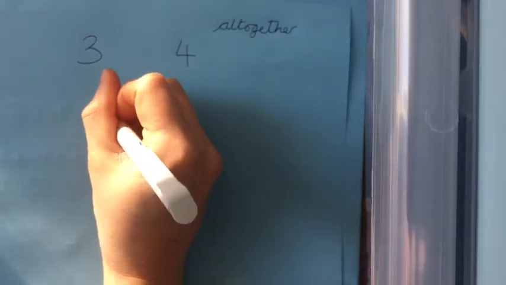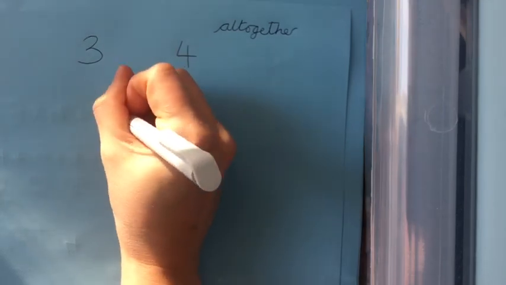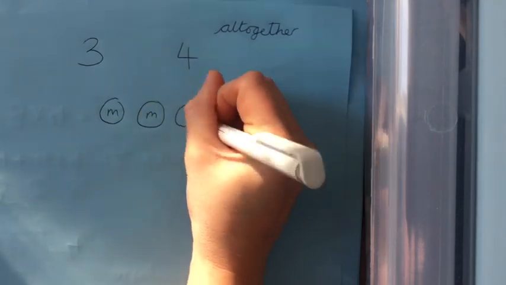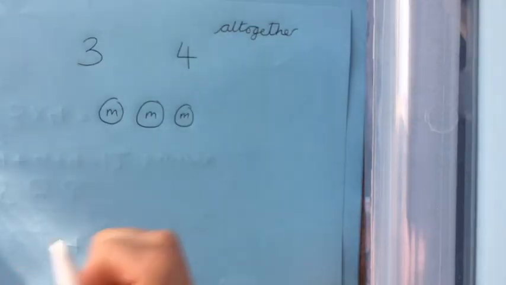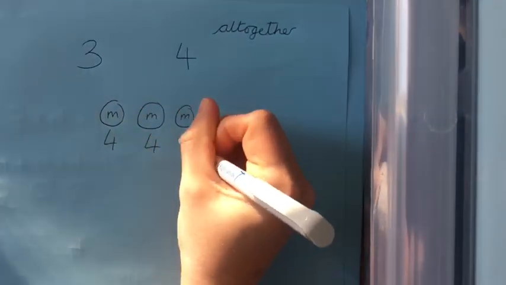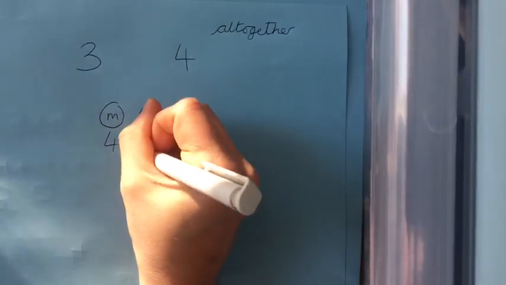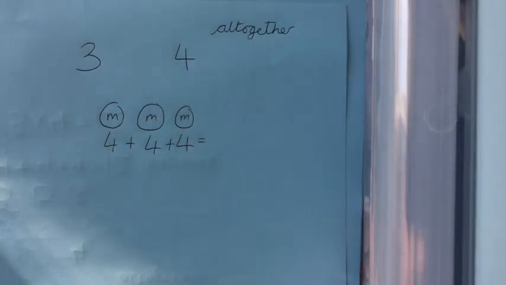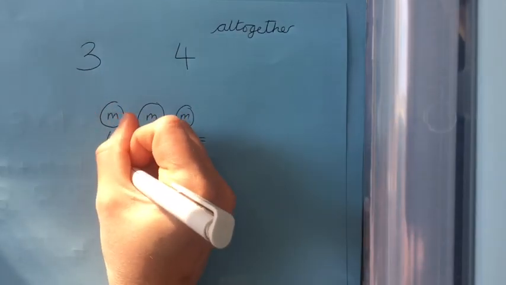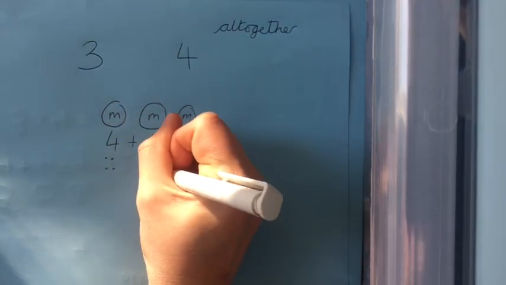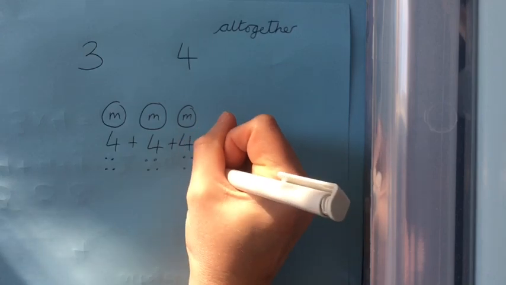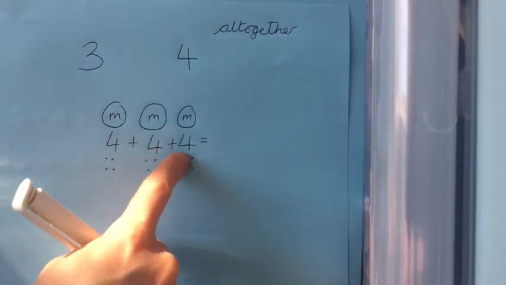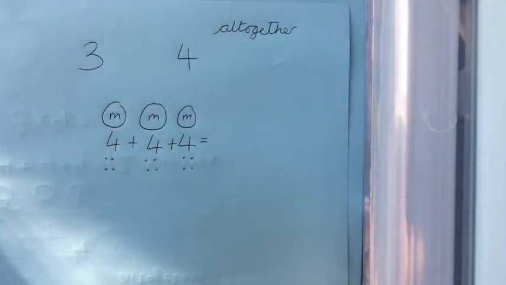So if I was to think about, and this is my monkey, so I'm going to do 3 circles with an M in. We use those as my monkeys. And they each had 4. That's the same as saying 4 add 4 add 4 equals. And I might draw my dots underneath to help me. Now I can do this, but I can also link that to multiplication.